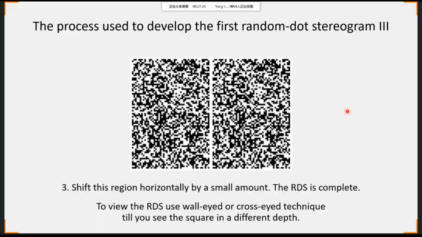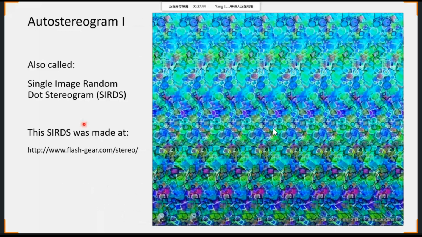So this is the whole idea behind it. It's very simple, and you can try that, or maybe you tried already. There are whole books about this with stereograms. This here, it's also an autostereogram. It has another name as well. It is also called single image random dot stereogram, SIRDS.